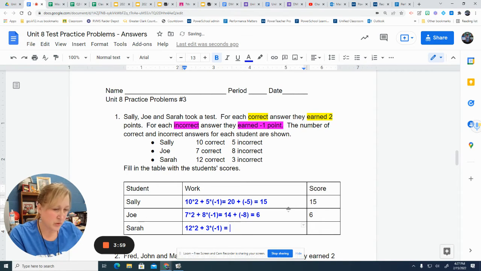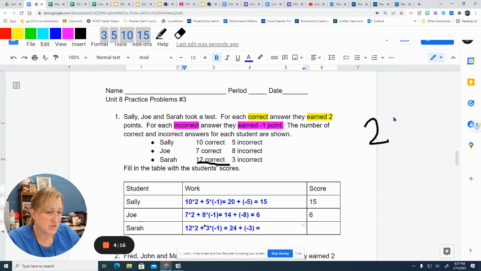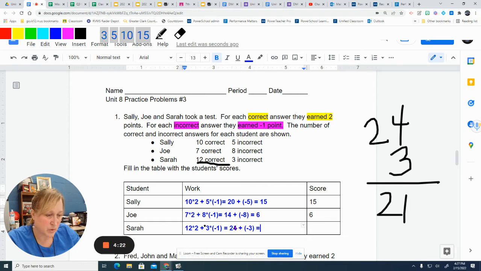All right, so 12 times 2 is 24. 3 times -1 is -3, so plus the -3. And then I have to use my strategies. 24 minus 3 is 21. And because the 24 is further away from 0, it stays positive. So the answer is 21.